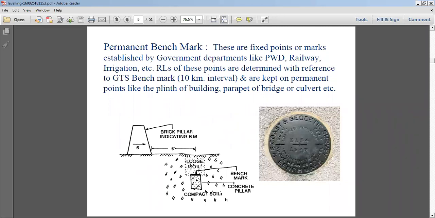That is known as a permanent benchmark. From that point we can transfer the level to the nearby area or where we are going to start the project. These types are also provided at 10-kilometer intervals. This is an example of a permanent benchmark used in the USA.